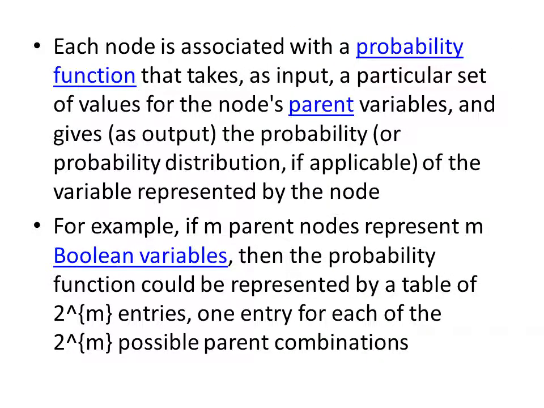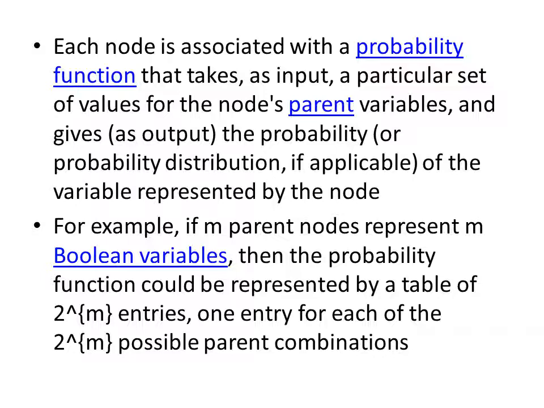Each node in this graph is associated with a probability function that takes as input a particular set of values for the node's parent variables, and gives as output the probability of the variable represented by the node.